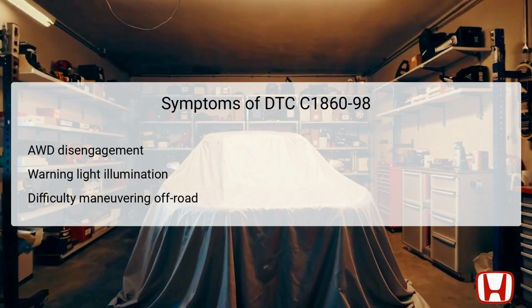Additionally, drivers may notice that the dashboard warning light for the AWD system is illuminated, alerting them to potential problems. Difficulty in maneuvering, particularly in adverse conditions like snow or mud, may also occur due to reduced traction control. Drivers should remain aware of these symptoms, as they can indicate not only variations in performance, but also potential overheating of the differential fluid that needs addressing.